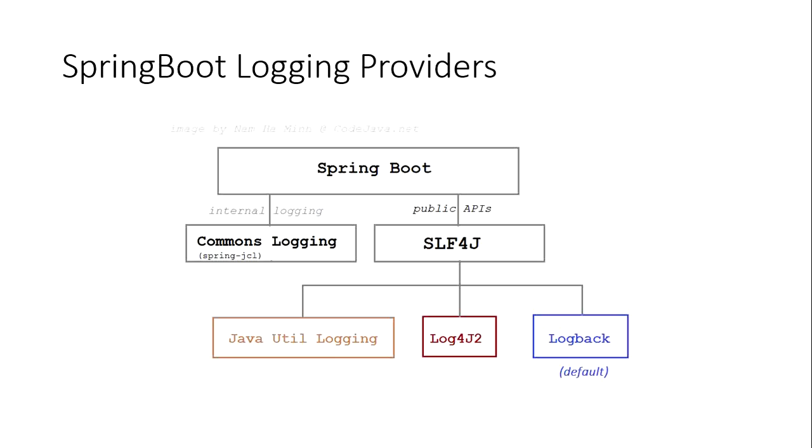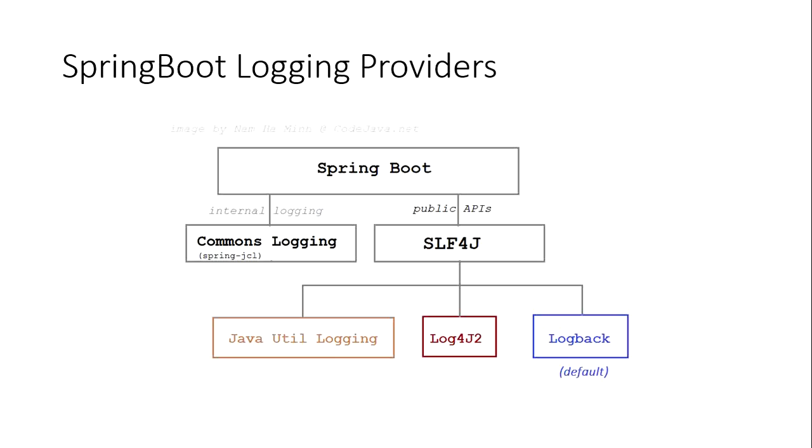Out of these four logging providers, except log4j, the remaining three are implementations of slf4j. Now what is slf4j? Slf4j stands for Simple Logging Facade for Java. It is a kind of abstraction; it doesn't have any implementation.